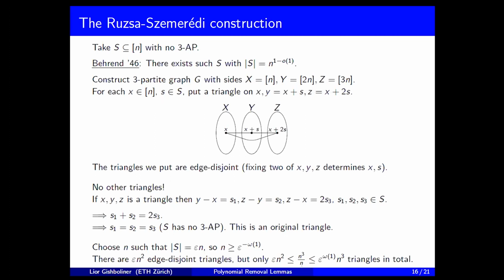But the total number of triangles, if we write it as a fraction of n cubed, is n cubed over n, and n is super polynomial, so we get something which is smaller than any polynomial in epsilon times n cubed. So this construction shows that the triangle removal lemma is not polynomial, right? We have epsilon n squared edge disjoint triangles, but the total number of triangles, as a fraction of n cubed, is smaller than any polynomial.